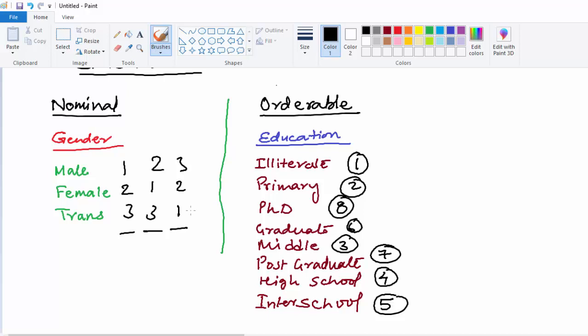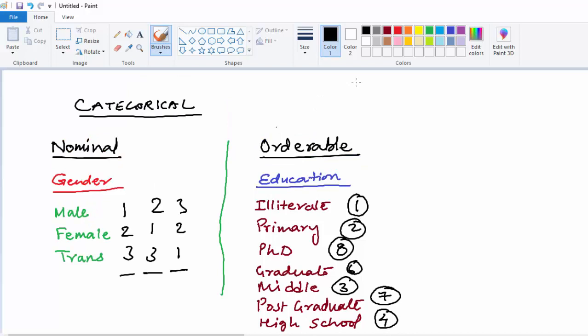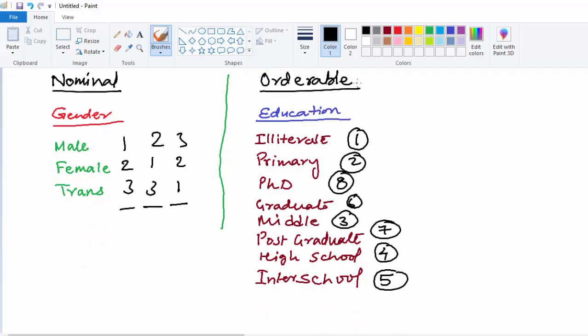Okay, so this we understand. So what happens when we give order to this sort of categorical data? That order we use only as a numeric value, and that is called the ordinal data.